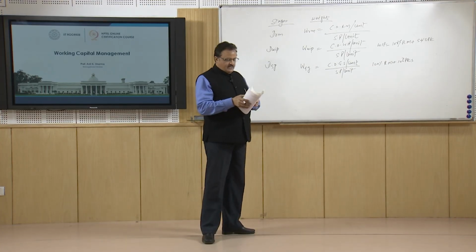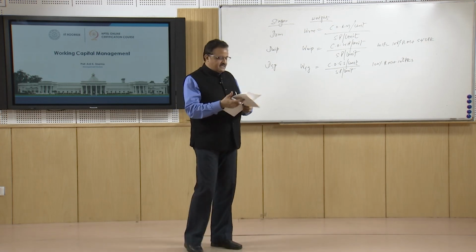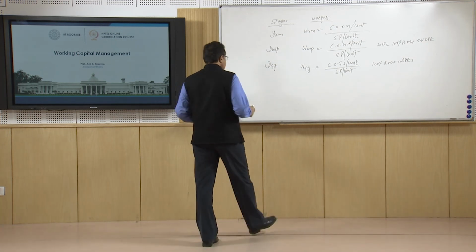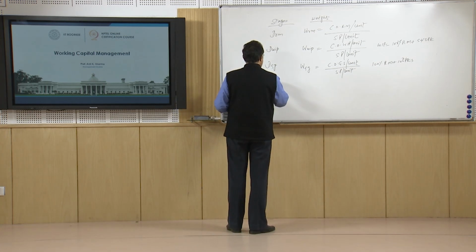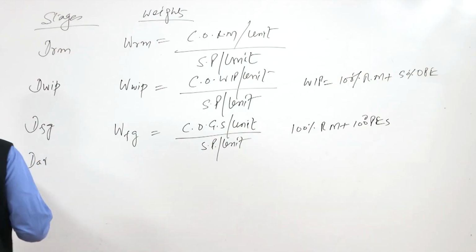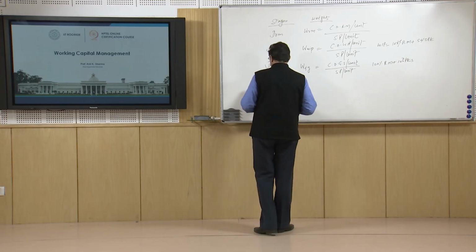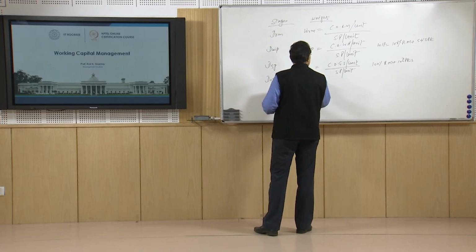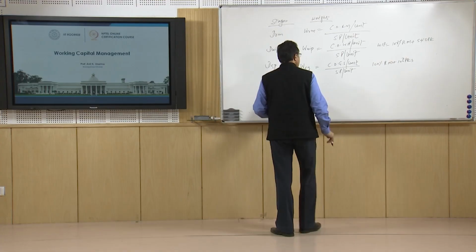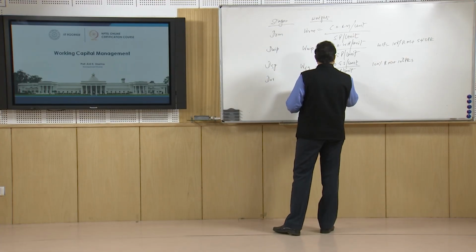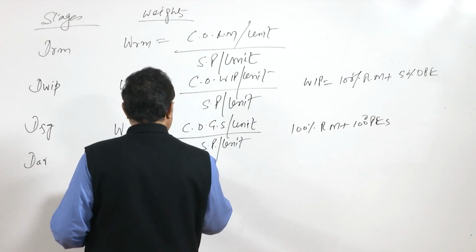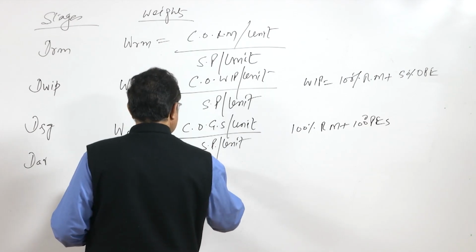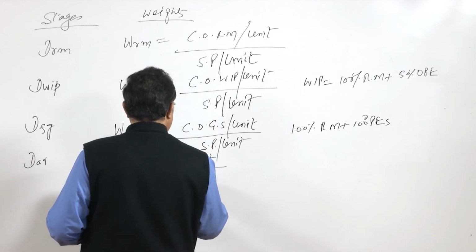So, this is how we calculate the WFG, the weight of the finished goods, and then we have two more weights. The next stage is DAR, duration of accounts receivables. In this case you have to calculate WAR, weight of accounts receivables, which is selling price per unit divided by selling price per unit.